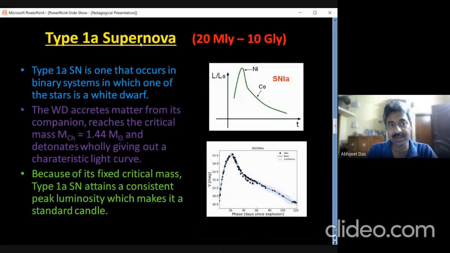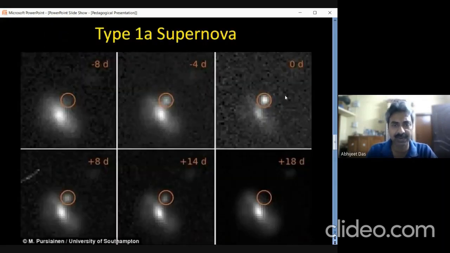Now, with this method, we can go to very large distances of up to 10 gigalight years. So this is one example where we see in the slide a distant galaxy where we cannot resolve the stars, but we can see this supernova, which is clearly visible and attaining its peak luminosity in the photograph marked 0 day, and then fading away.